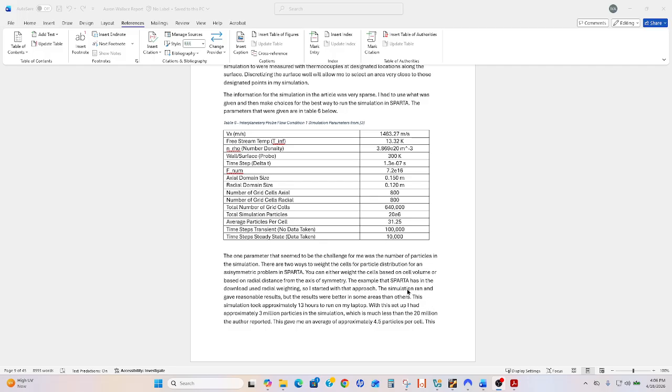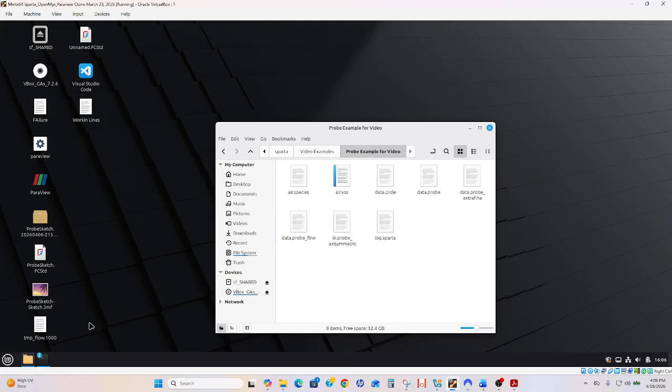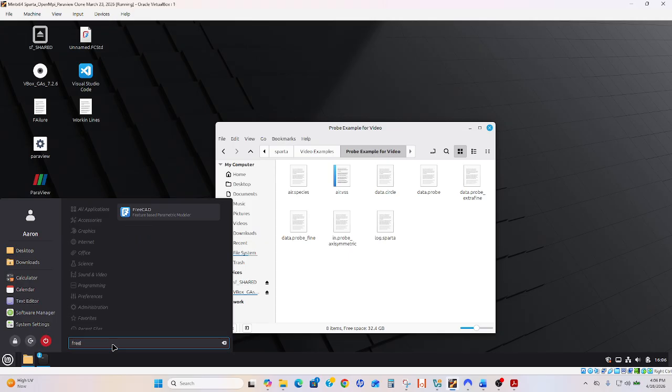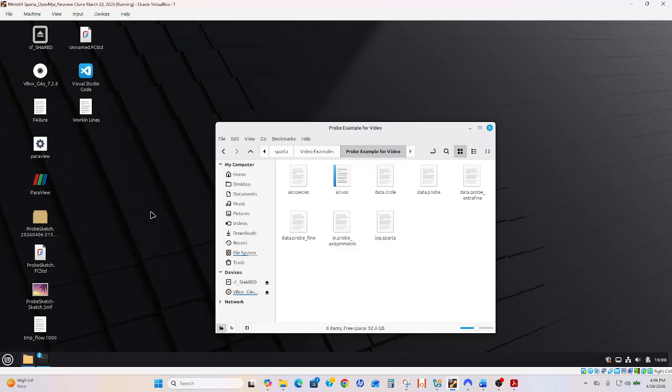So let's start. First of all, we have to have the surface that's going to go into our box, because we're going to be doing this as a 2D axisymmetric problem. So we have to draw out the surface. I downloaded FreeCAD for Linux and did my probe in that.